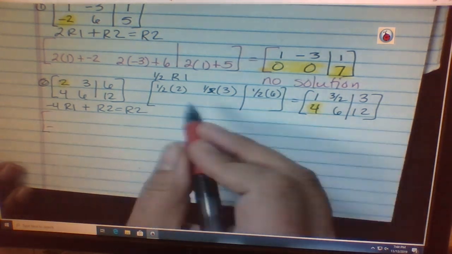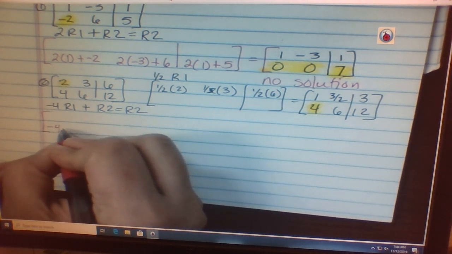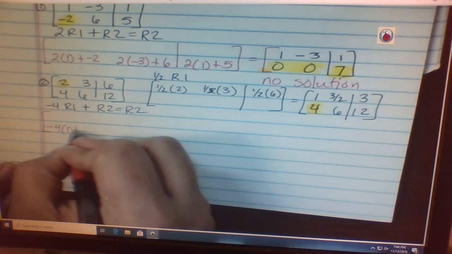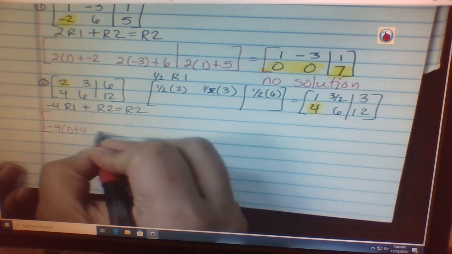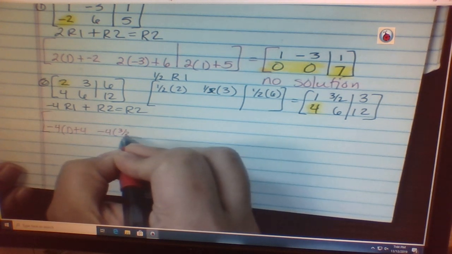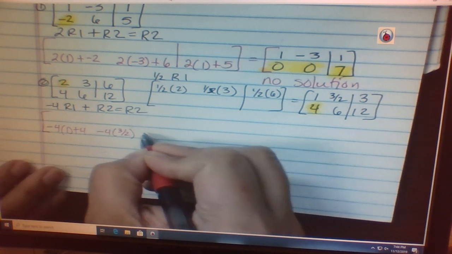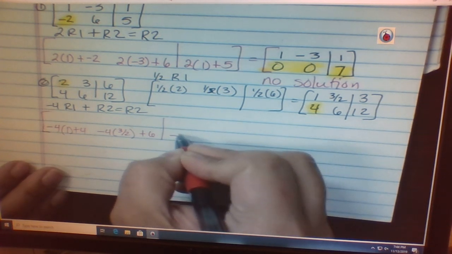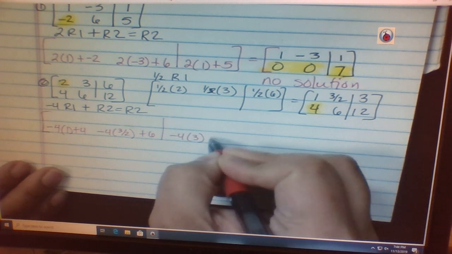So we're not doing anything to row 1, but this is -4 times 1 plus 4. -4 times 3/2 plus 6. And -4 times 3 plus 12.